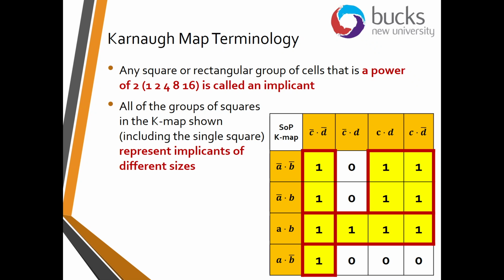This is an SOP Karnaugh map, so the ones are the min terms, and we can make different size groups of ones, as long as we're within the powers of 2: 1, 2, 4, 8, or 16. We can call that an implicant group.